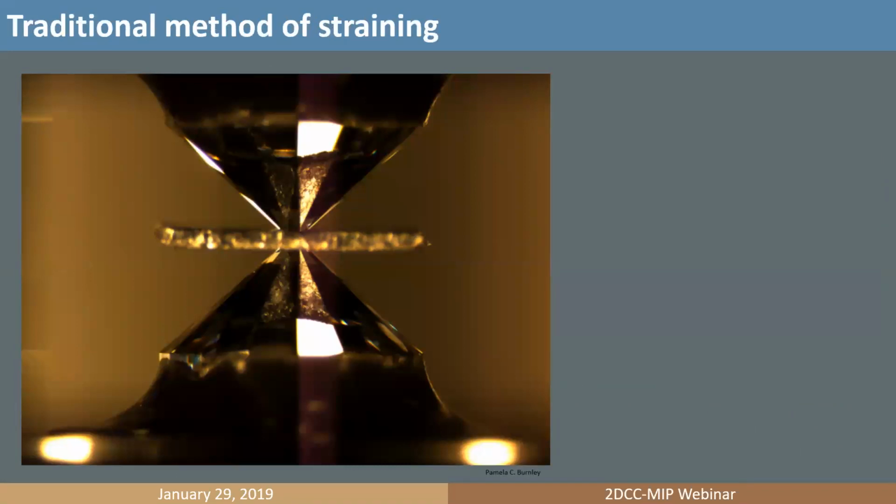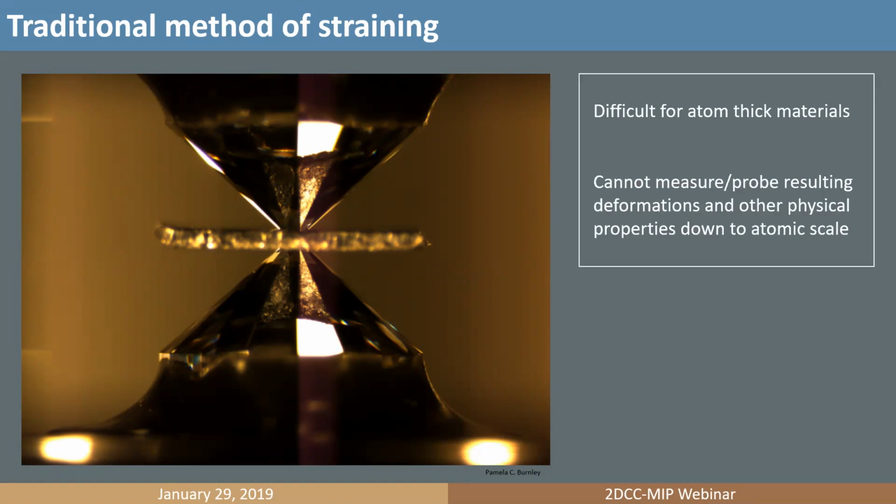The traditional method of straining a material is to sandwich a sample between two bits of diamond, apply hydraulic pressure, and then try and squeeze the hell out of it. There are a couple of problems with this. Firstly, if this sample is only a single atom thick, then it's very difficult to strain it, because if you just press a piece of cloth, it doesn't do much.